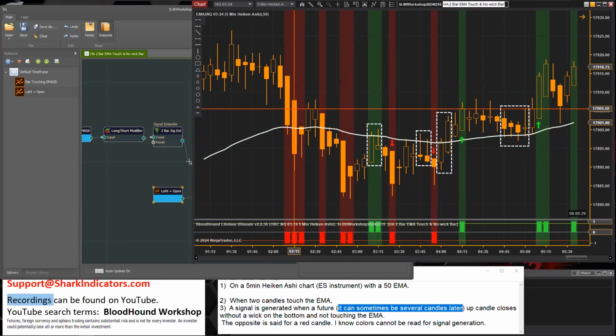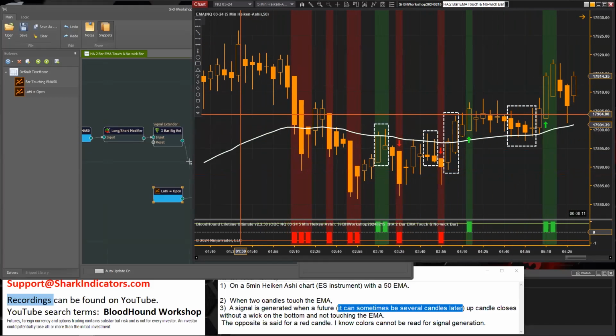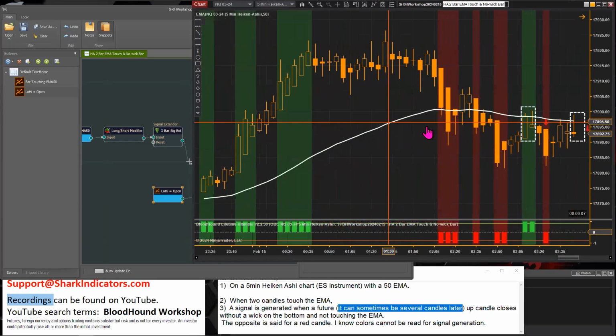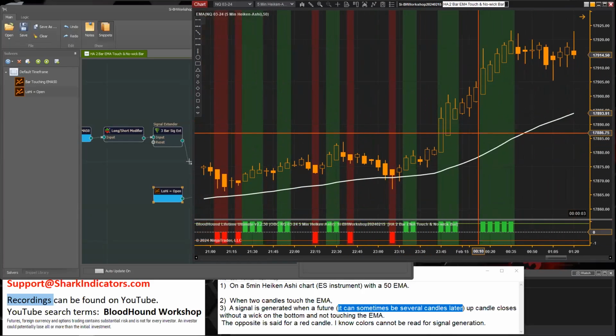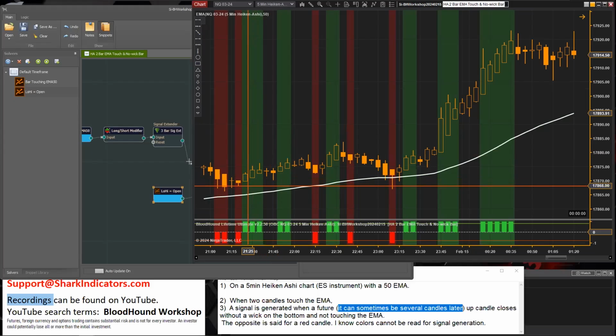So actually we can see it's identifying all kinds of bars here with no wick at the top and no wick at the bottom, and we're getting the appropriate output. So let's just see, I'm going to scan through here and see if maybe every once in a while the Heiken Ashi gives us a really wonky bar where we might get a long output because there's no wick on the top.